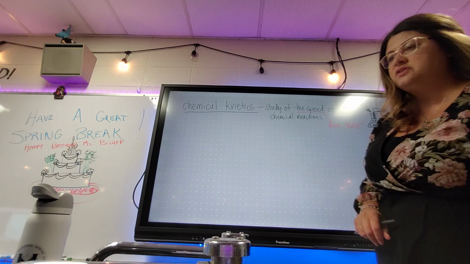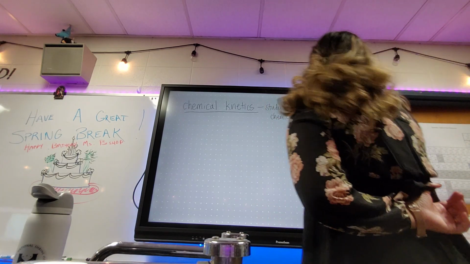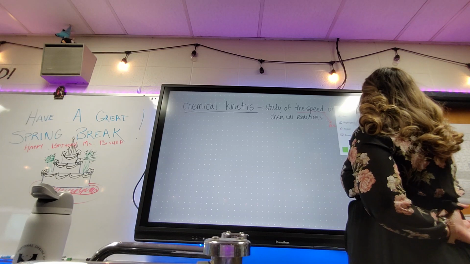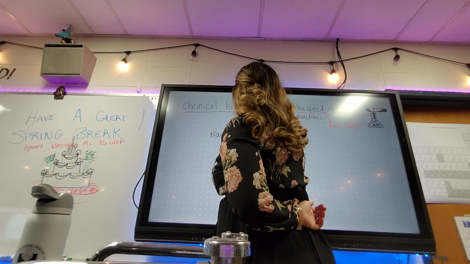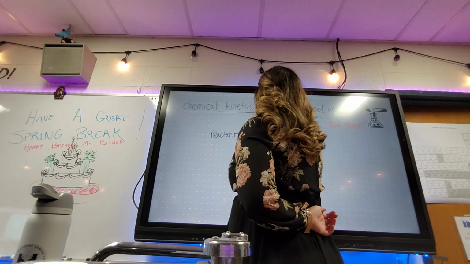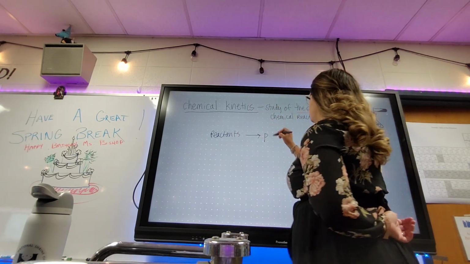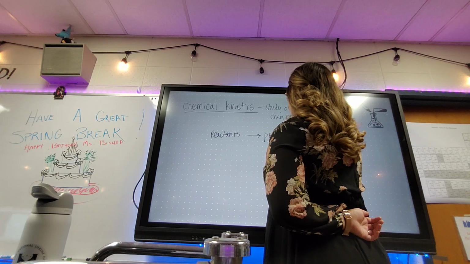Okay, so there are a couple of different things that we have to keep in mind. In our chemical reaction, we have reactants on the left, and those combine and react to form products on the right.